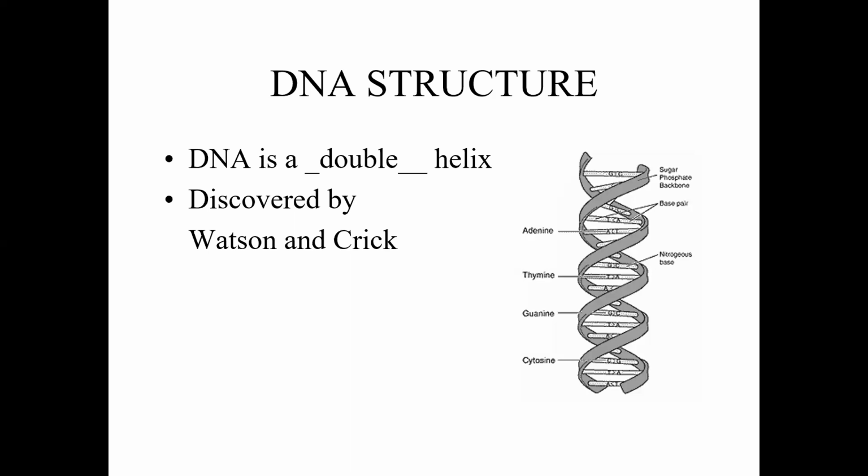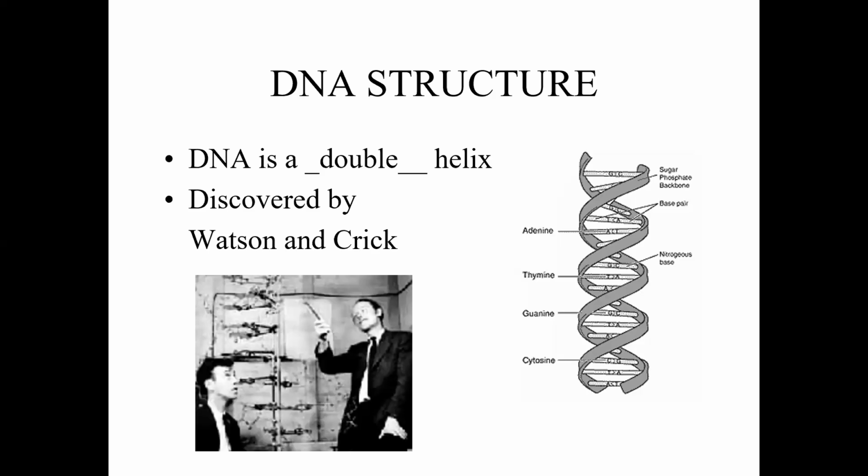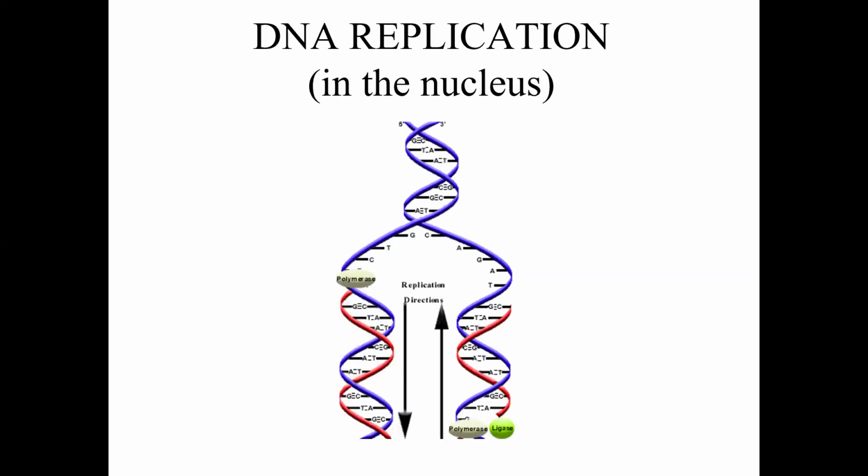We are going to see all this in detail in our subsequent classes. It was first discovered by Watson and Crick. You remember we have already discussed that in our previous classes.